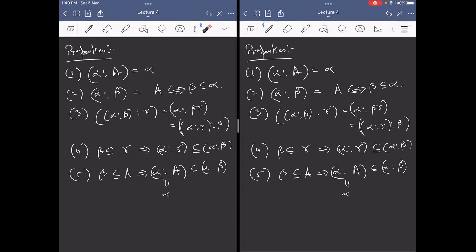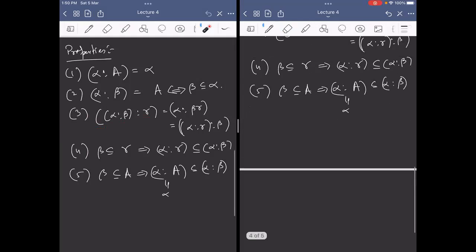And this is alpha, and therefore what you get is that alpha is a subset of alpha colon beta every time. But anyway, this you can see directly. So this one is also done.